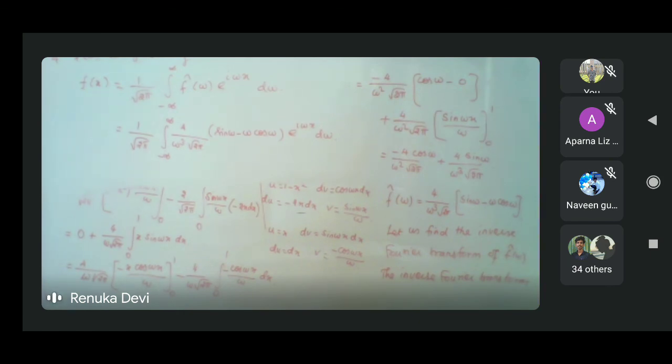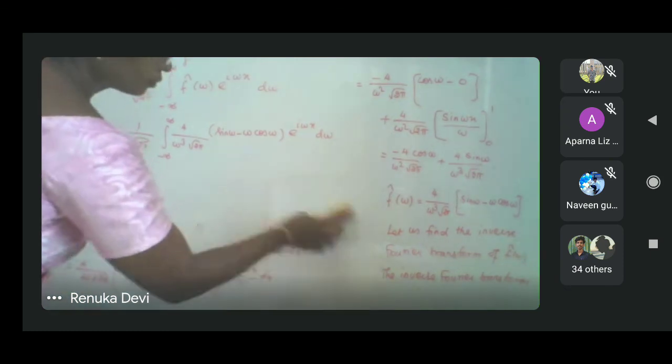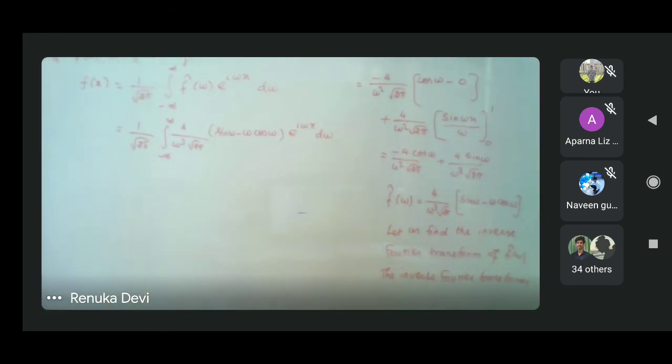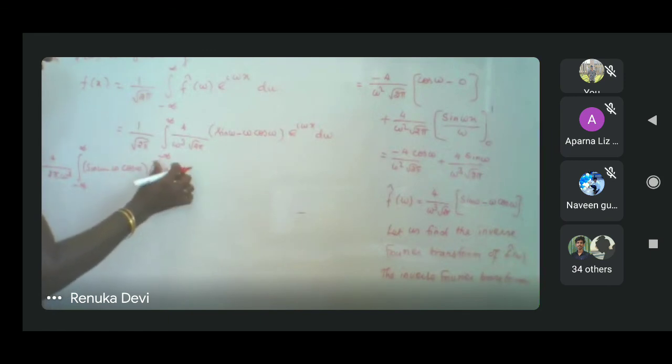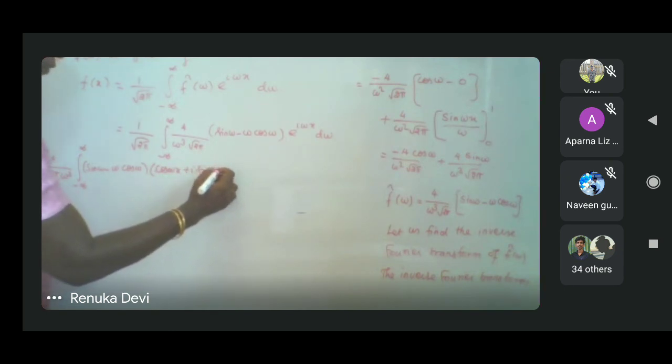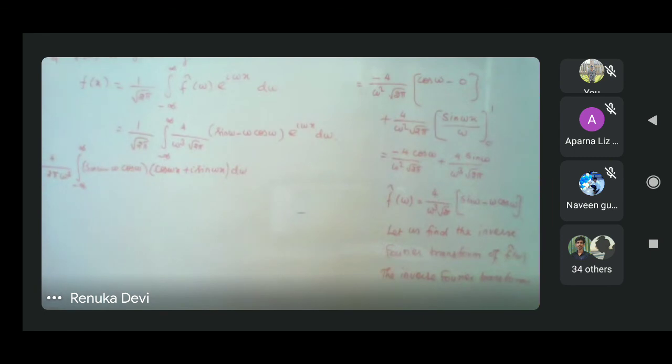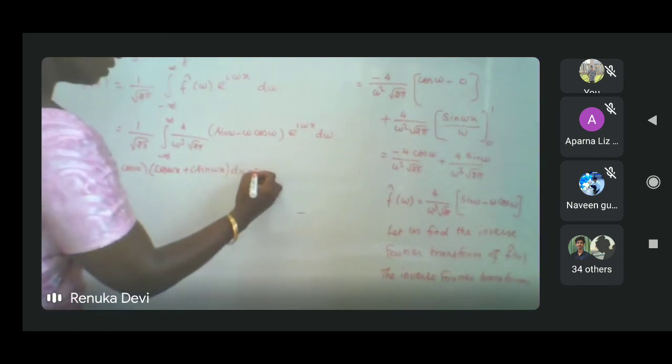So what is this? I write this term first. So 4 by root 2 pi, therefore 4 by 2 pi W cube, integral minus infinity to plus infinity, sin W minus W cos W into cos of Wx plus I sin Wx into dW, equal to f of x.